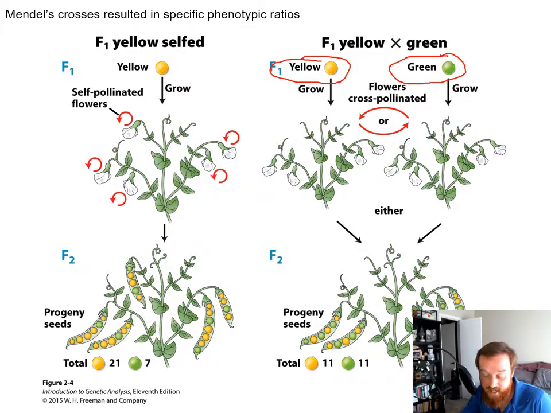We found that, again, there was a predictable ratio for the offspring, but instead of being 3-to-1 like we saw with the selfing of the yellow pea, we get this predictable 1-to-1 ratio, where 50% of the offspring are yellow peas, and 50% of the offspring are green peas. And so as you can see in the picture in the pod here, each one of those peas are the seeds, right, for the next generation. So each of those peas represents one individual of this F2 or offspring generation.